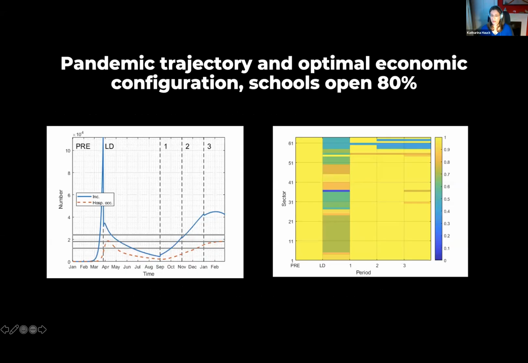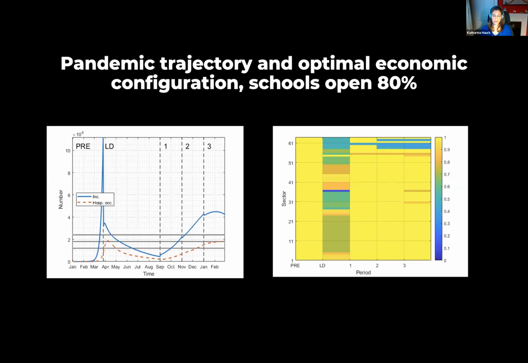So here you can see the output of the model. We have fitted the model to actual hospitalizations in England up to September. And you can see the blue line is the infections and the red line is hospital occupancy. And we then projected infections for this particular scenario forward, and also hospital occupancy. You can see that the 3 horizontal gray lines are our hospital constraints.